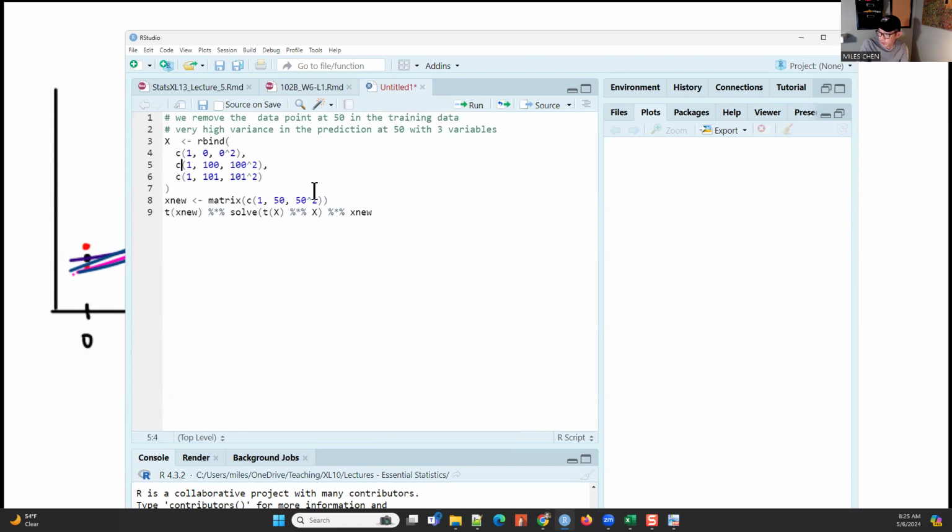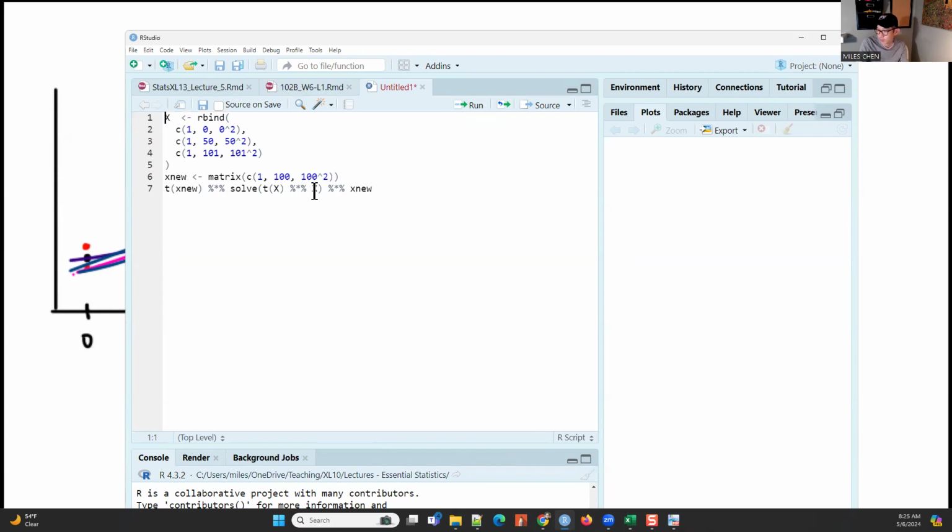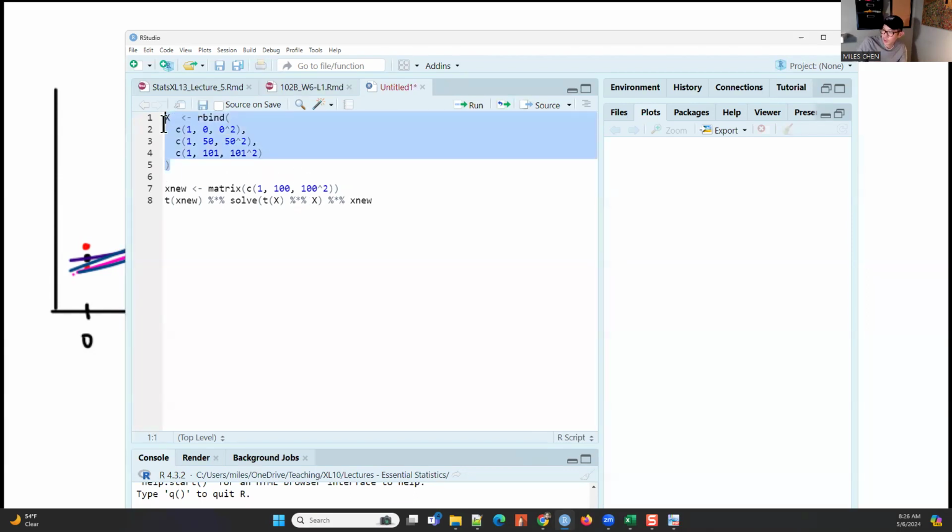If I do that, we're going to plug in 50 and 50 squared, and we're going to make a prediction at 100 and 100 squared. So 0, 50, 101, these are my observed values of x.